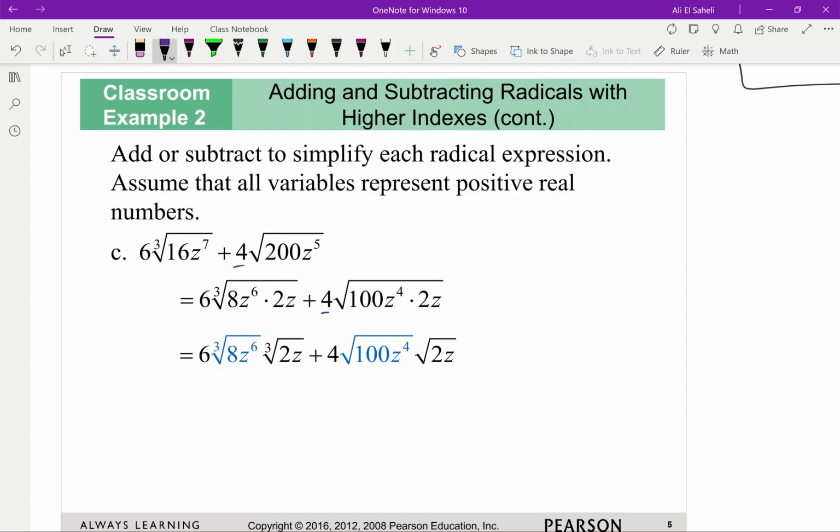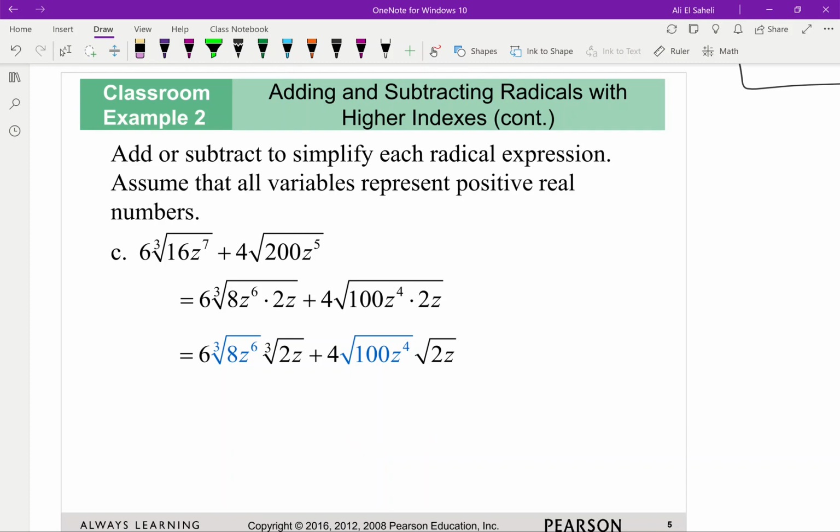4 is 4. 200 is 100 times 2, because 100 equals 10 squared, and there is a square here, that's the square root. Z to the power 5 is Z to the power 4 times Z; we needed Z to the power 4 because 4 is divisible by 2.